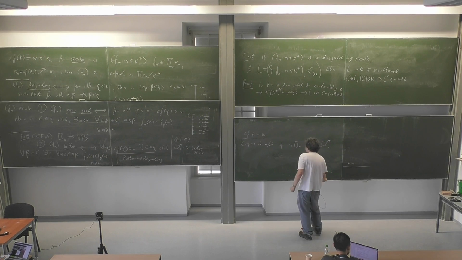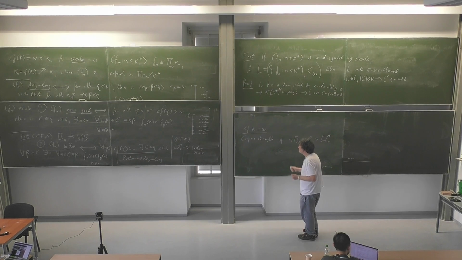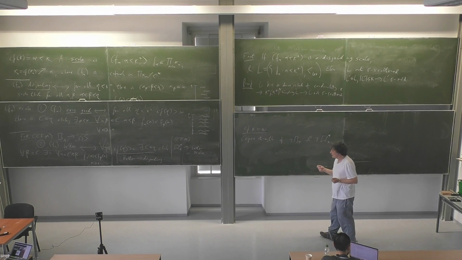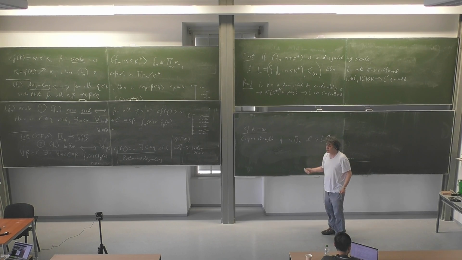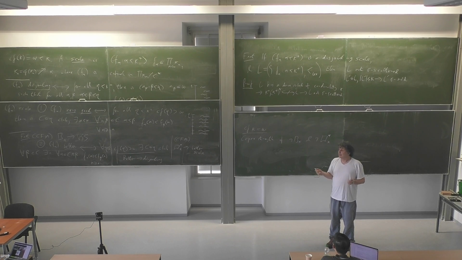So, a very nice theorem by Martin Zeman says you can actually get the failure of square at a cardinal of cofinality omega from something below kappa plus supercompactness.